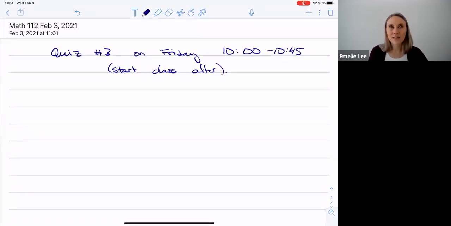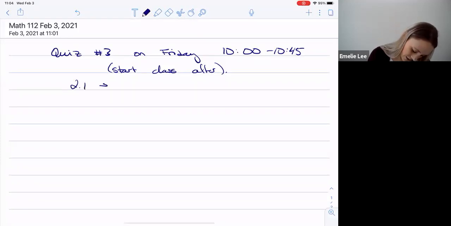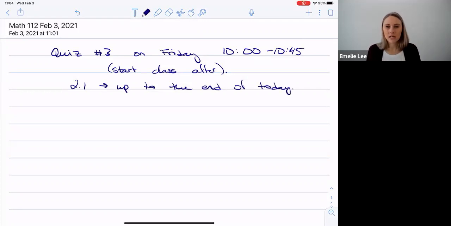It'll cover 2.1 up to the end of today. Wherever we get to today, I'm hoping to wrap up 2.3, but we'll see. Just to the end of today.